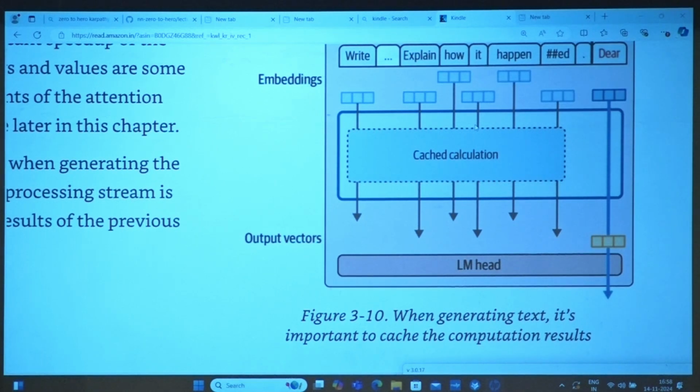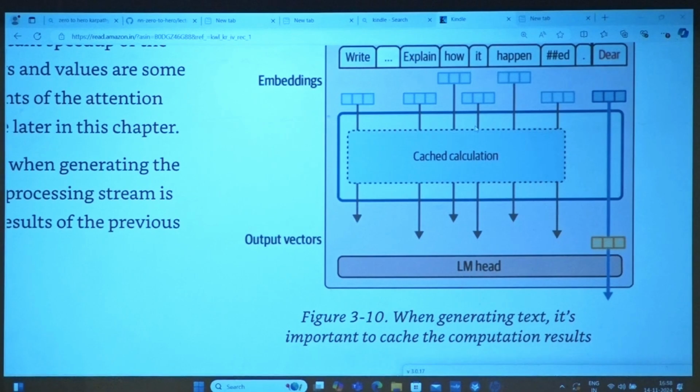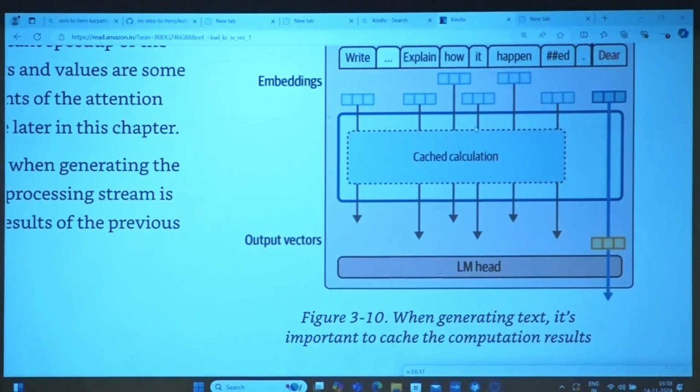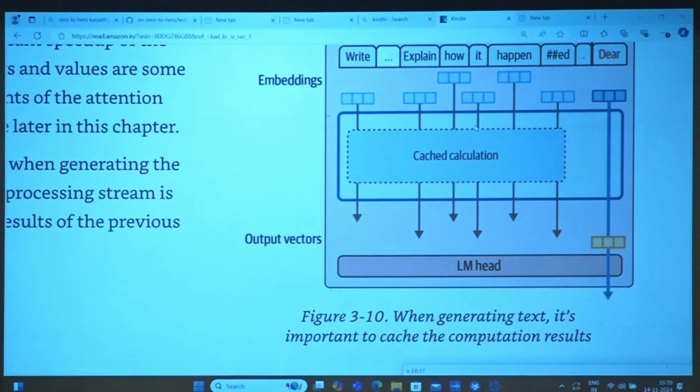So the amount of processing is not just one word, there is some more, because this word also has to learn a lot of vectors from the earlier ones, but to a large extent processing gets conserved. So this was called key value caching. I'll talk about why it is called key value caching, but this became a very good technique. The first ones who implemented it were Llama 1, which again was done by Google, not by OpenAI.